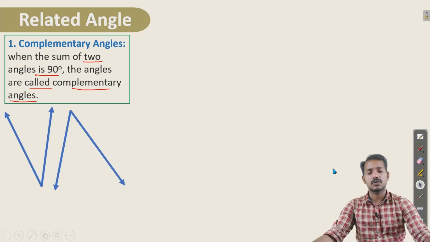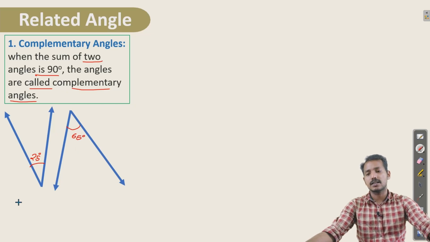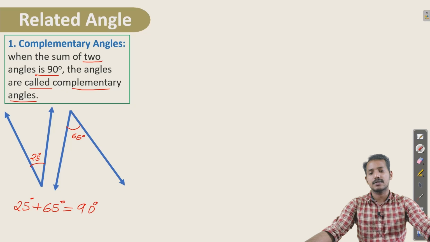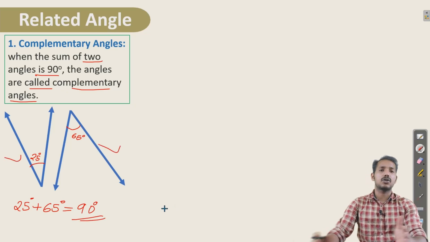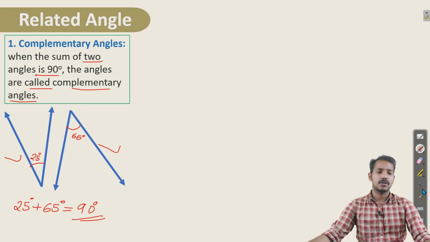For example, consider two angles, 25 degrees and 65 degrees. Then 25 degrees plus 65 degrees is equal to 90. Therefore, these two angles are complementary to each other, because the sum is 90 degrees.